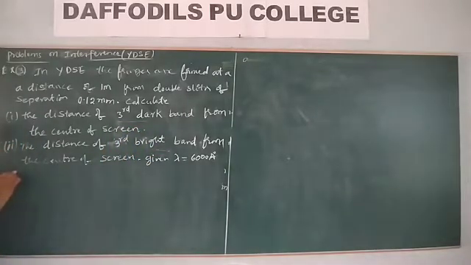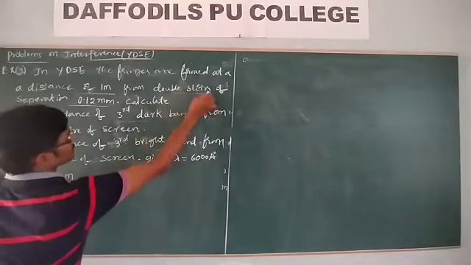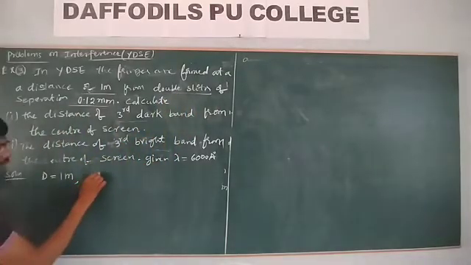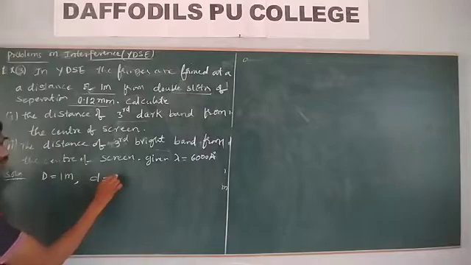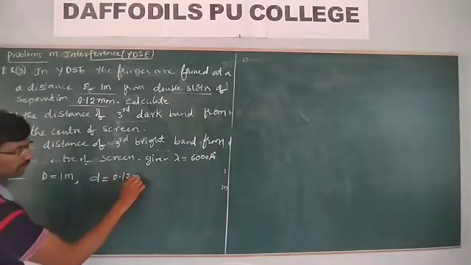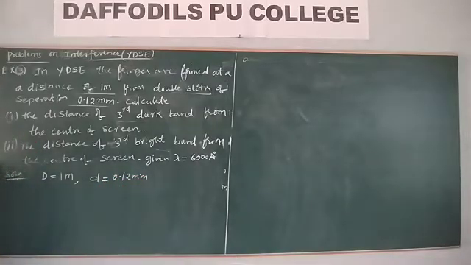So let me write the given information. Distance of 1 meter from the double slits means the screen is placed at capital D equal to 1 meter, and the separation between the slits, small d, is 0.12 millimeter.